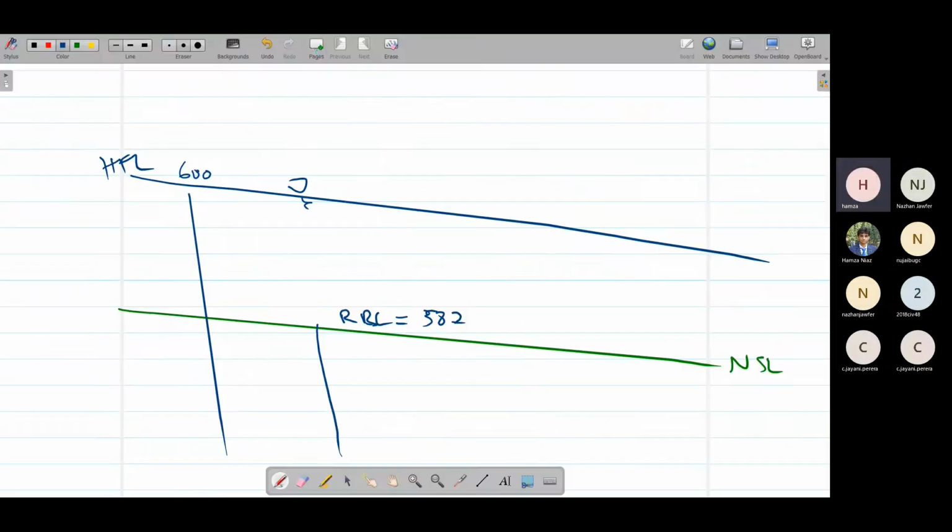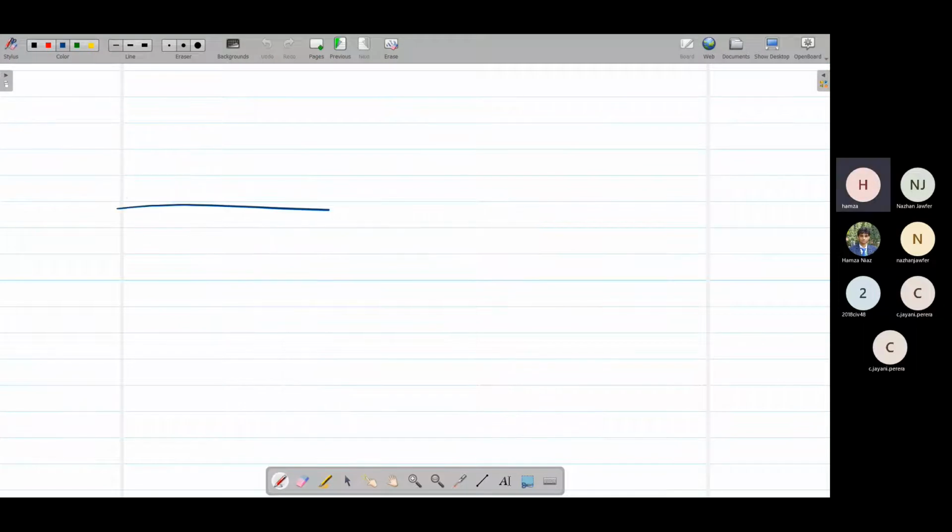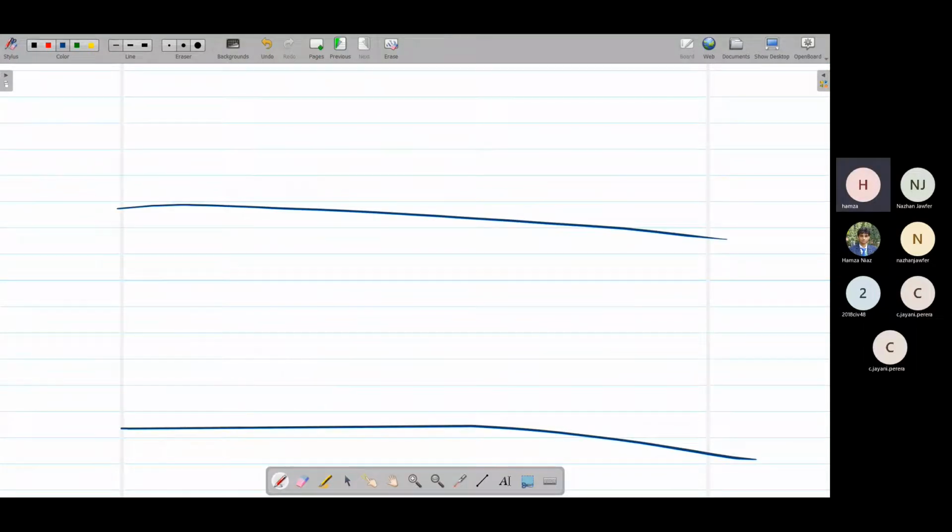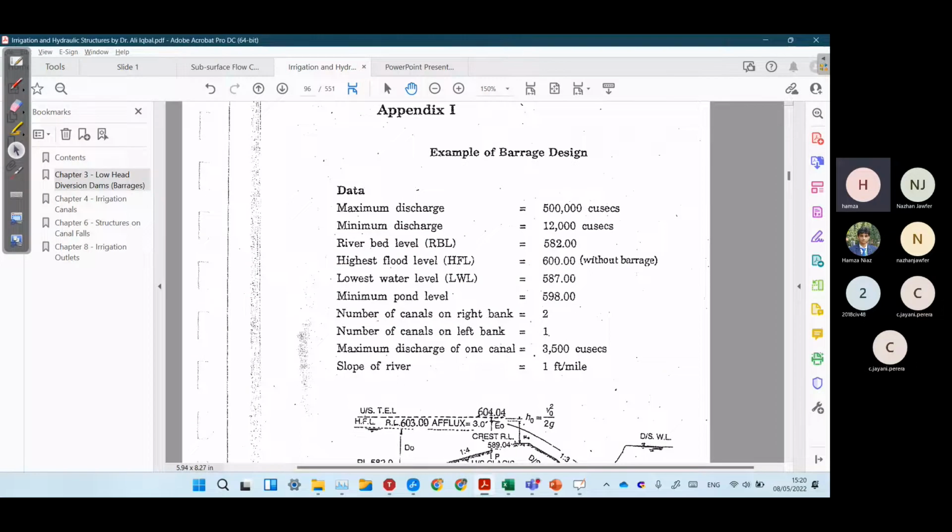They are saying that if this is our river in plan view and we have constructed a barrage like this, there are two canals on the right bank and one canal on the left bank.